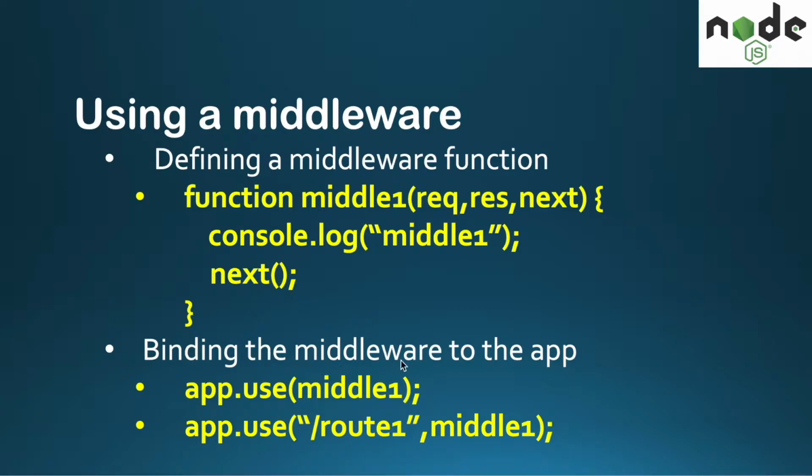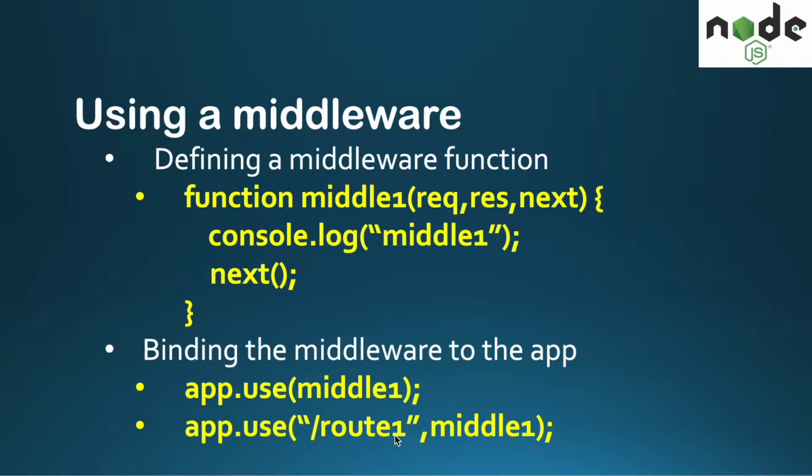How do we bind the middleware to the app? We use app.use, where app is the Express app, and pass it the middleware function. If we bind it in this fashion, it means this middleware will get executed on all routes. If we specify a route, then it will be executed only when that route matches.